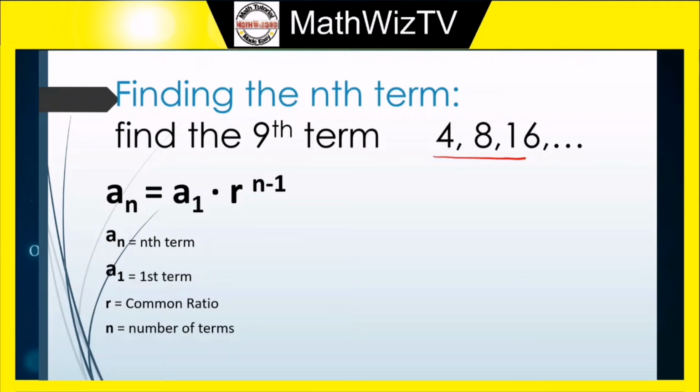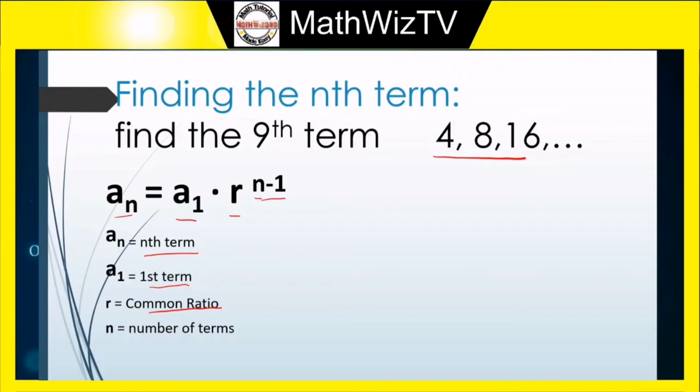So again, the formula that we are gonna use is a sub n, which is our nth term, equals a sub 1, which is our first term, multiplied by r, which is the common ratio, raised to n minus 1.